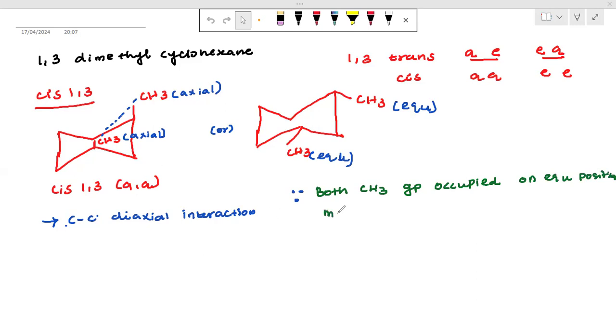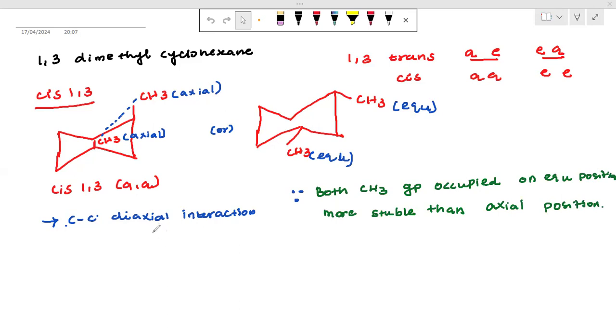The equatorial position is more stable than the axial position. Okay, this is the compound.